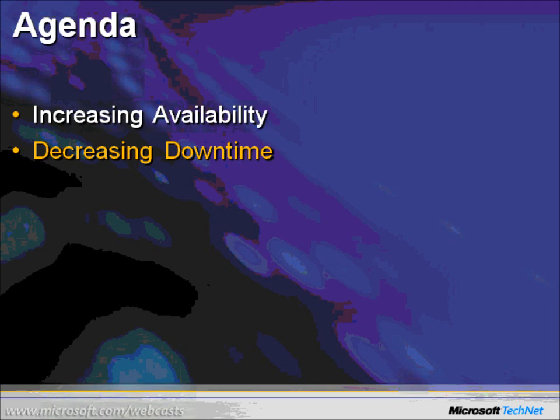Because if you go with synchronous, then it's really close to real time. I guess it depends on the latency of your link. So it's one of those great computer answers that we all use: it depends. All right. Well, let's take a look at decreasing downtime.